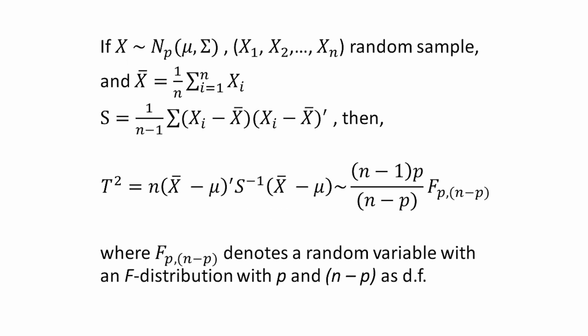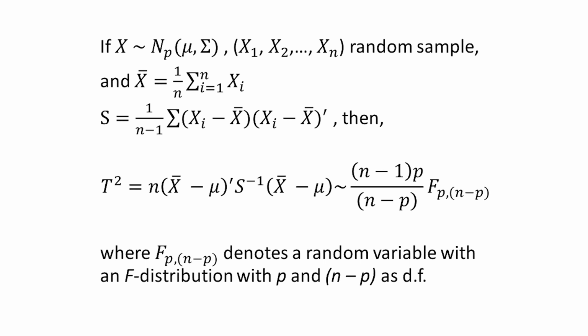Again, suppose we have a random sample x1, x2 to xn from the p-variate normal distribution with mean mu and dispersion matrix sigma. As before, let us denote by x bar the sample mean vector and S the sample variance covariance matrix.